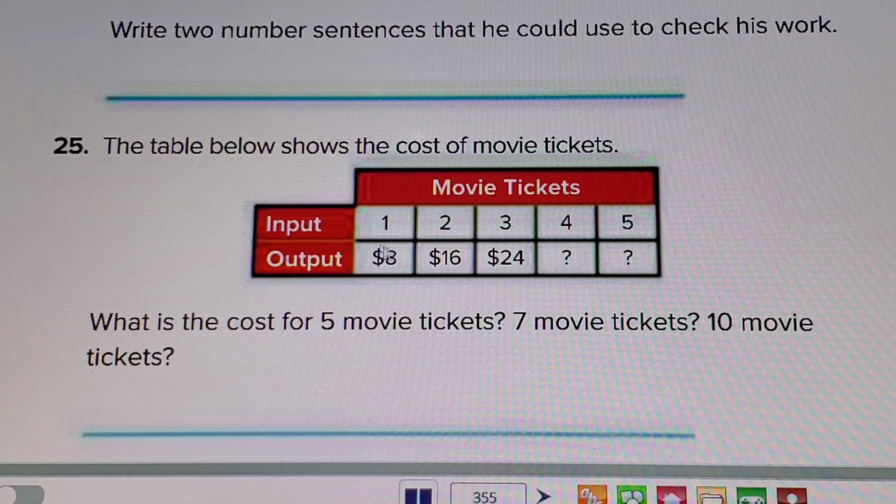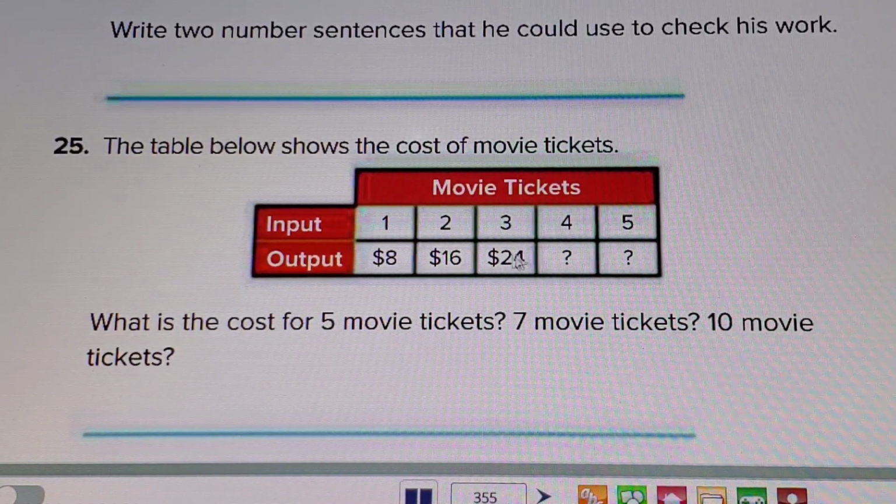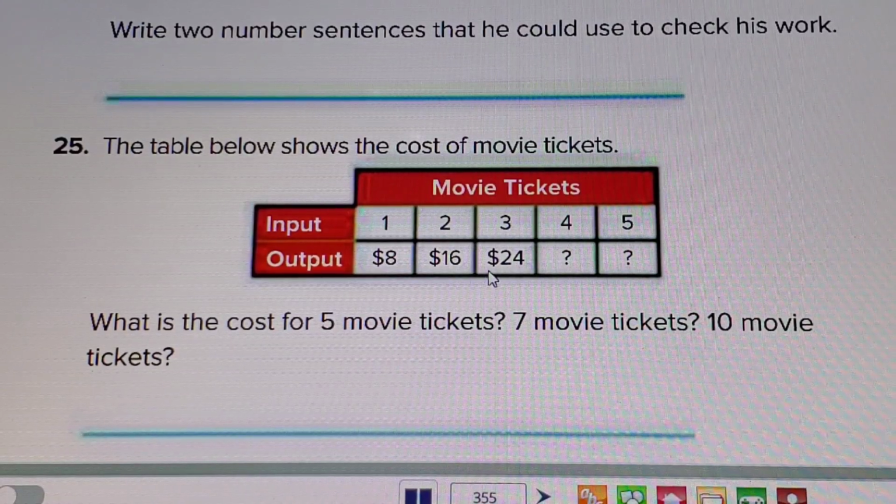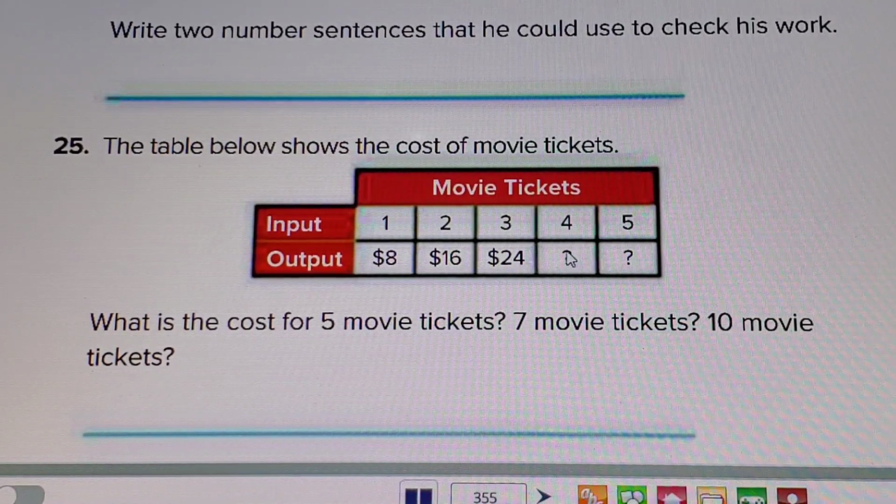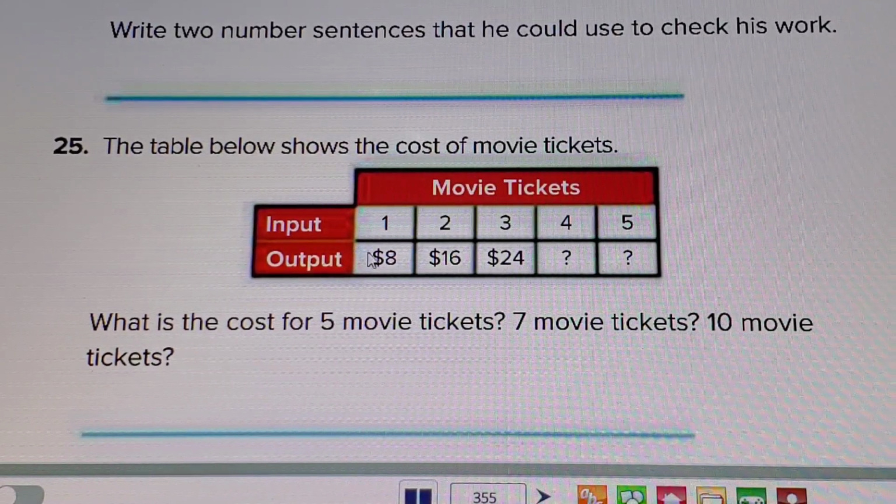So it's 8 times 1. 2 movie tickets, $16. 8 times 2. 3 movie tickets, output is the cost. 3 times 8, $24. What would be in this question mark? 4 times 8. I'll tell you that would be 32.